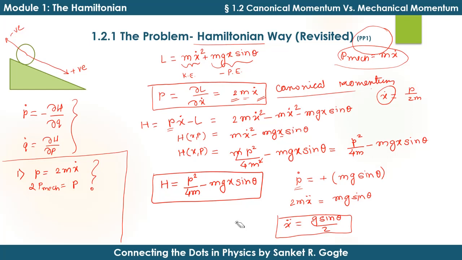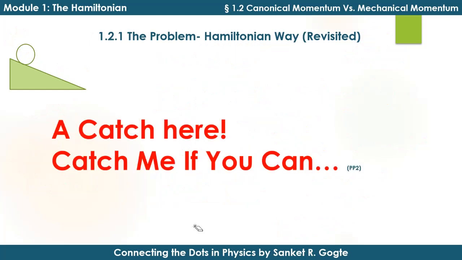Now the second point to ponder is on the next slide. The way I have solved this problem is not entirely correct. There is a catch, and as the slide suggests, catch me if you can. I chose this problem because it is a simple problem which demonstrates how canonical momentum can be different than mechanical momentum.